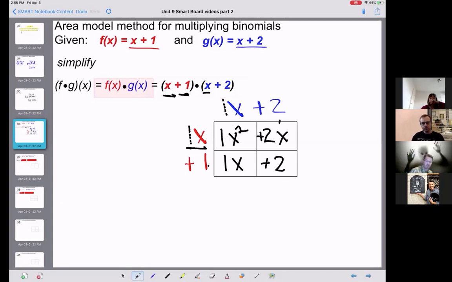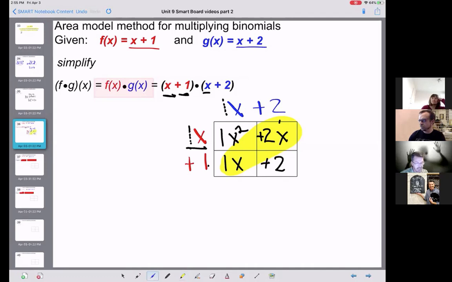So now we have something different than we've had in the past. We have 4 boxes that we want to see if there's like terms. Some people can just say, oh, Mr. Craig, I can see right off the bat that these boxes right here are like terms, and you will find that often, if you have your terms in order, diagonal boxes tend to be like terms.